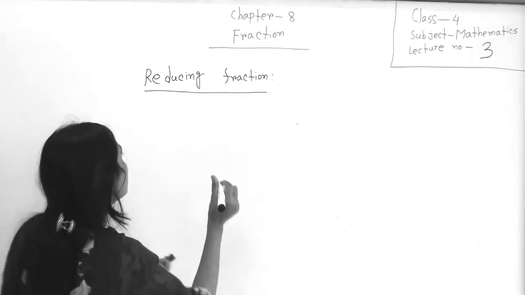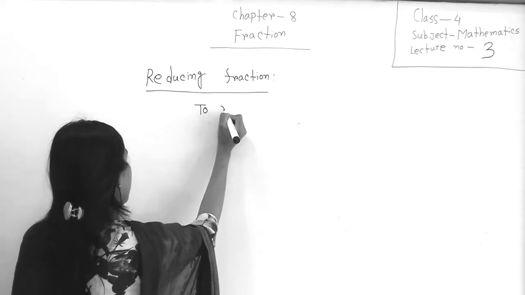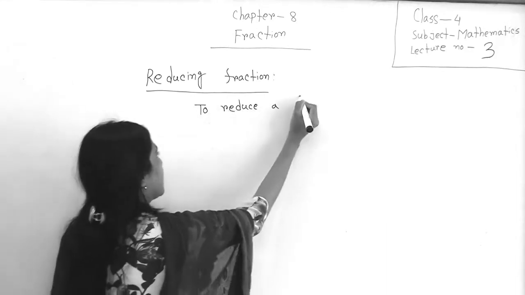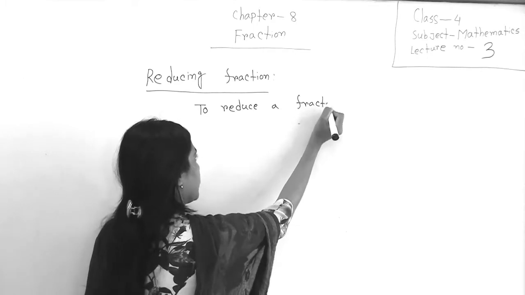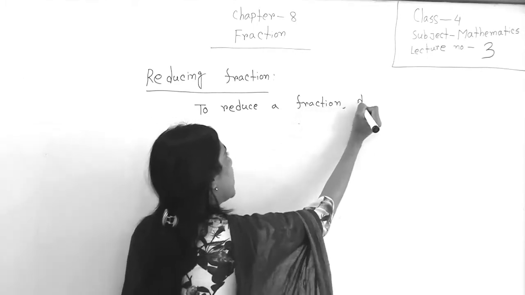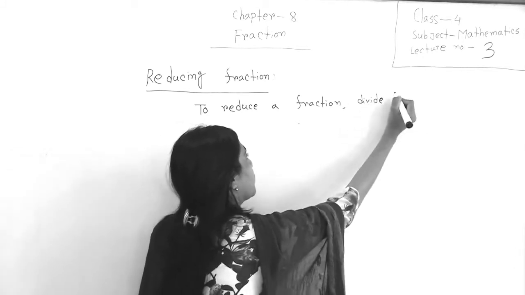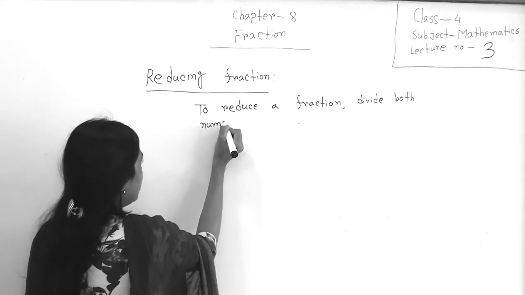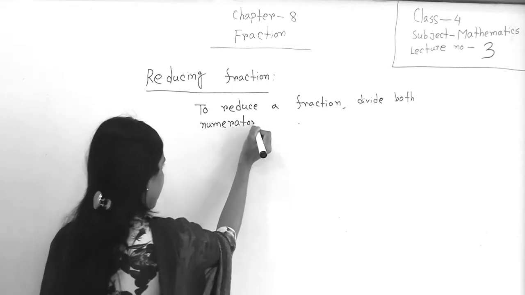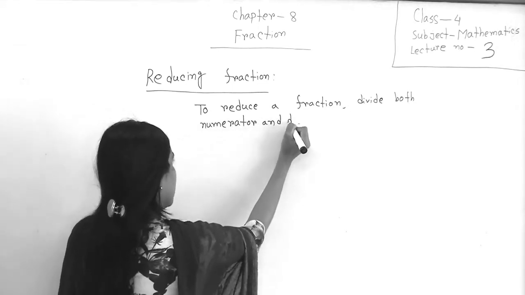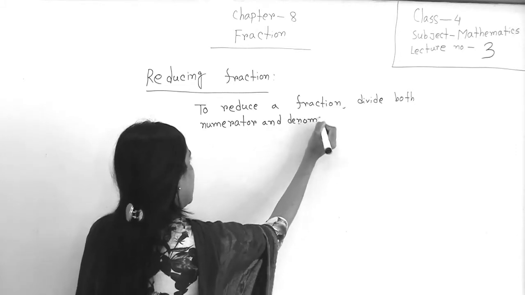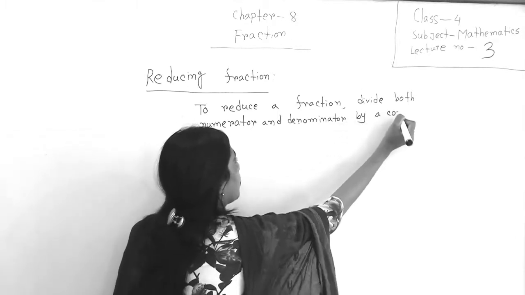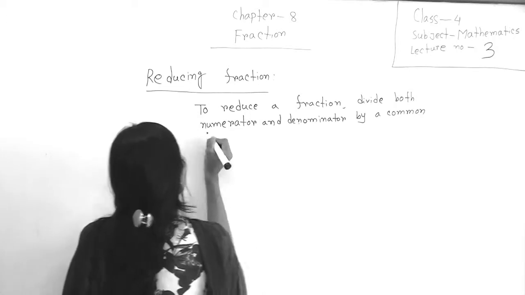At first, to reduce a fraction, divide both numerator and denominator by a common factor.